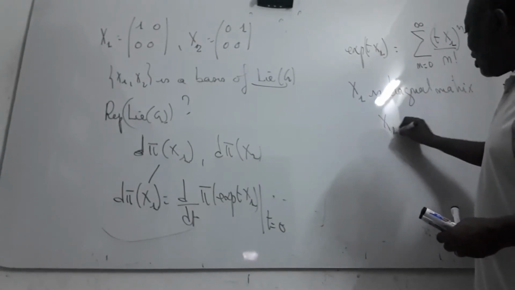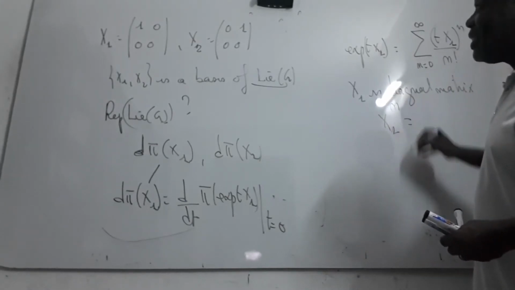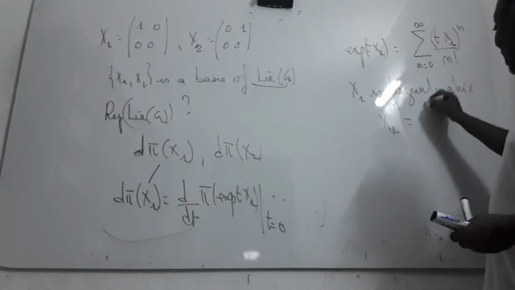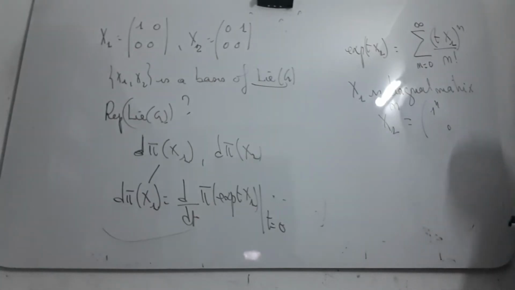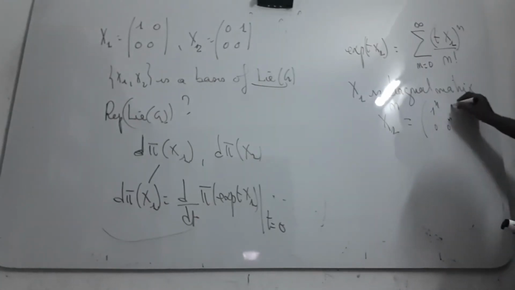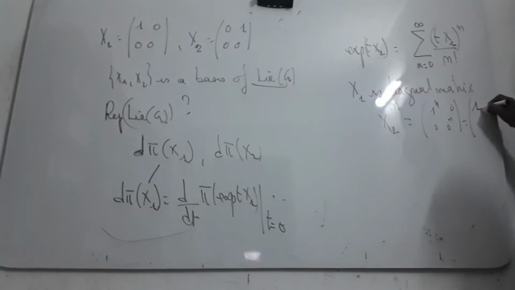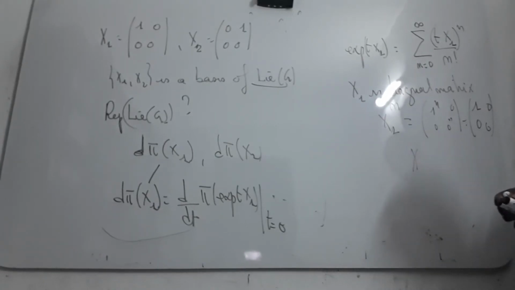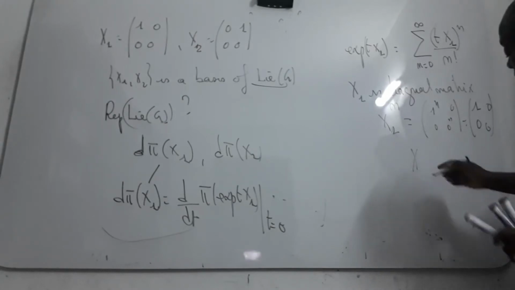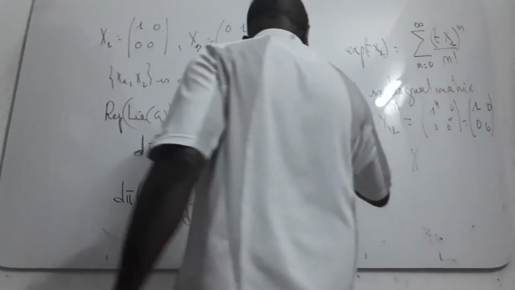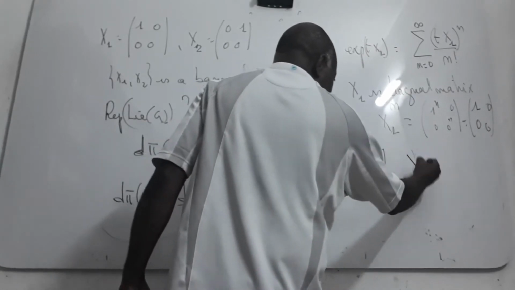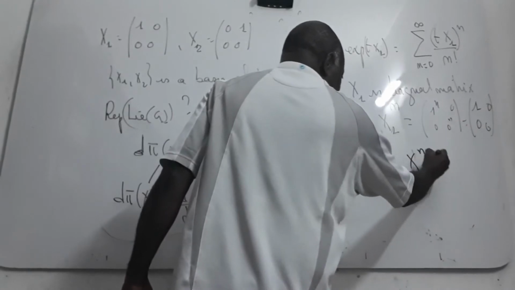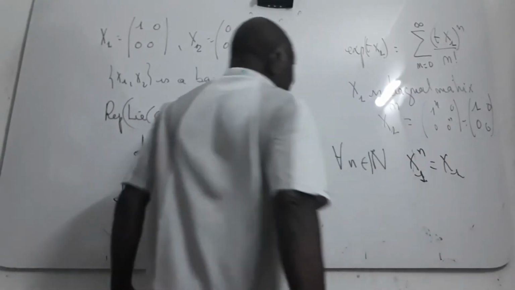Then S1 to the n for all n is exactly 1, 0, 0, 0 — the 1 doesn't change, the 0 doesn't change. So S1 to the n is exactly equal to S1.